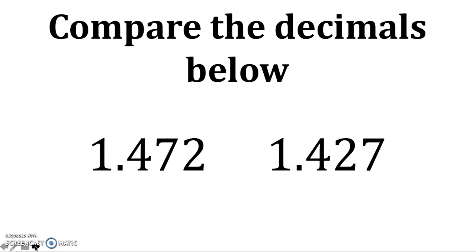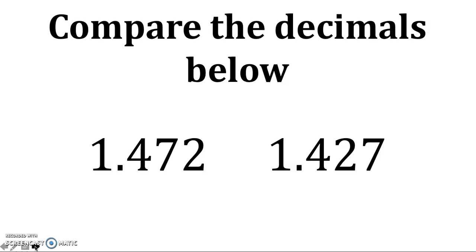So typically when you're comparing 2 decimals, you're going to be asked a problem as shown right here. Compare the decimals below. So the 2 decimals that we have are 1 and 472 thousandths and 1 and 427 thousandths. Notice that I didn't say point. I didn't say 1.472. I didn't say 1.427.